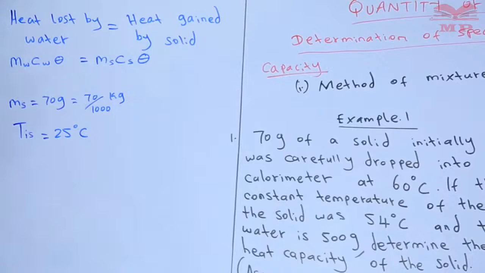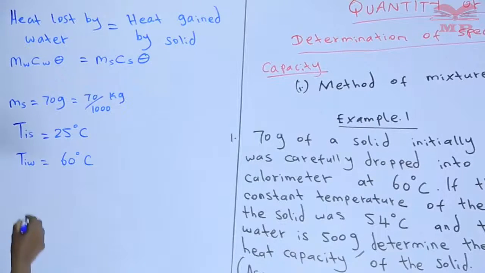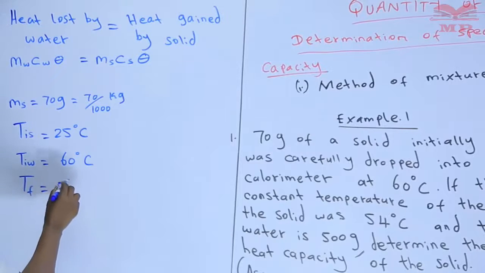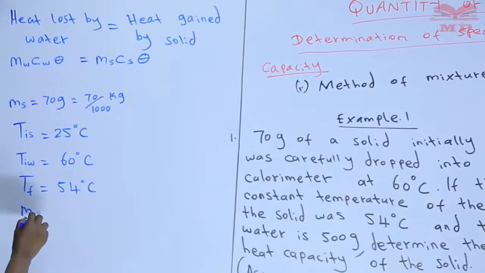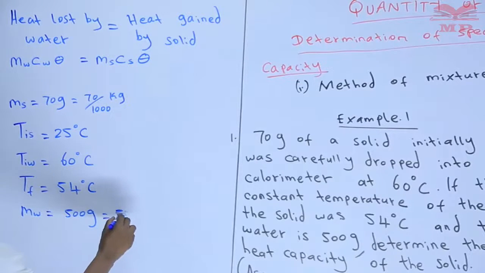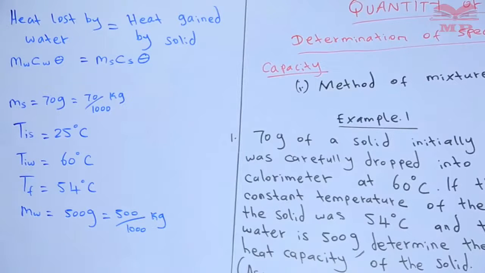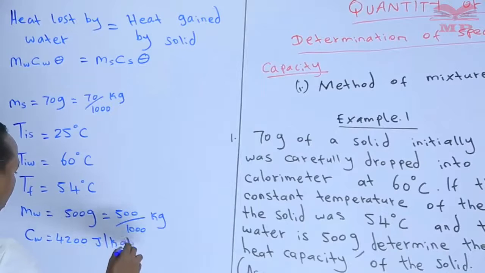It is dropped into water in a calorimeter at 60 degrees Celsius, so the initial temperature of water is 60 degrees Celsius. The final constant temperature is 54 degrees Celsius. And the mass of water is given as 500 grams, which is 500 over 1,000 kilograms. We have also been given the specific heat capacity of water to be 4,200 joules per kilogram per Kelvin.